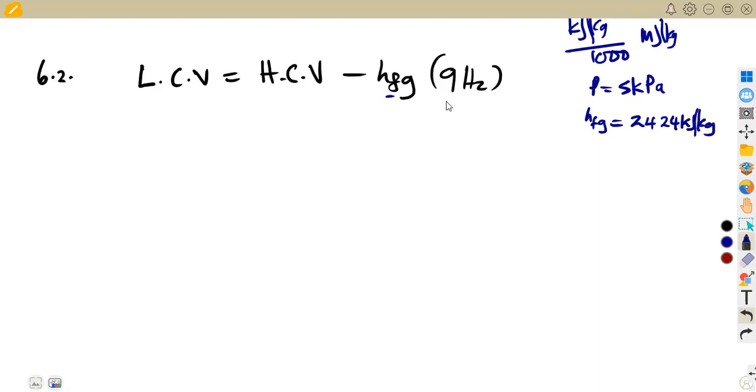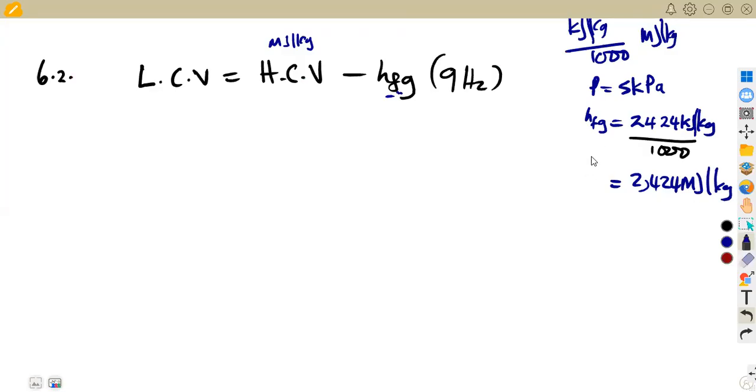All right. As we have the higher heat value in megajoules per kg, we are supposed to convert this also to megajoules. Like I said, we divide by 1,000, which gives 2.424 megajoules per kg.